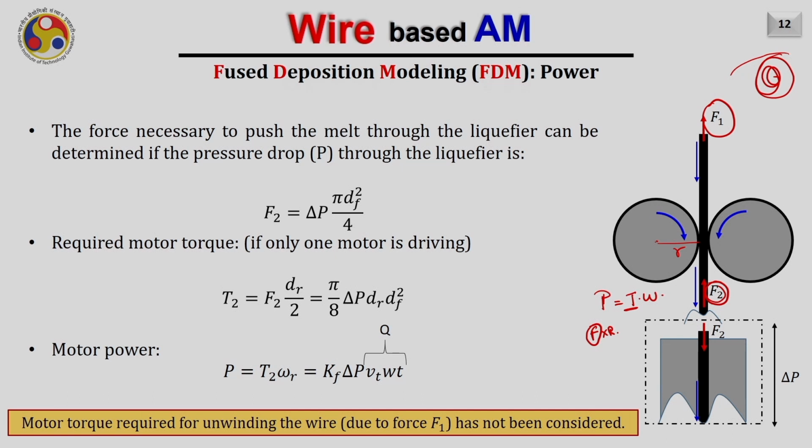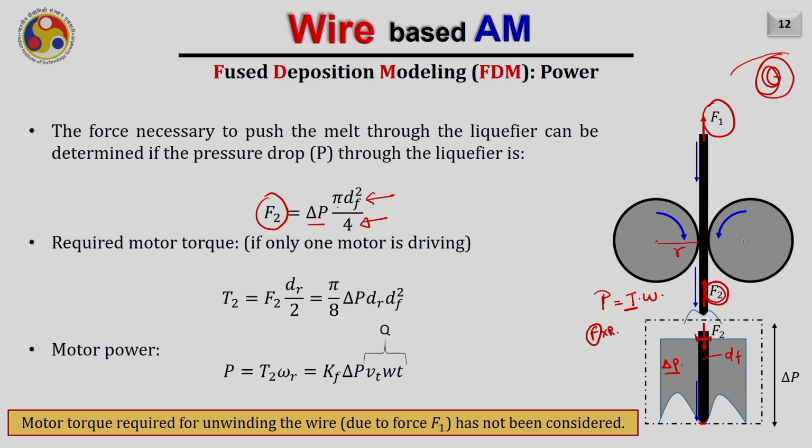So, how can we calculate this force? Assume that to push the wire from this end to this end, the pressure drop in the liquefier is represented by delta P, and hence the force F2 will be equal to delta P into pi dF square by 4, where dF is nothing but the diameter of the filament, and we are assuming that the opening of this nozzle is also almost equal to the diameter of the filament.